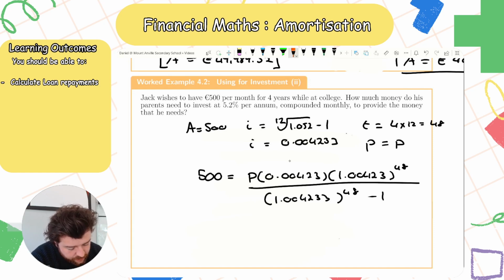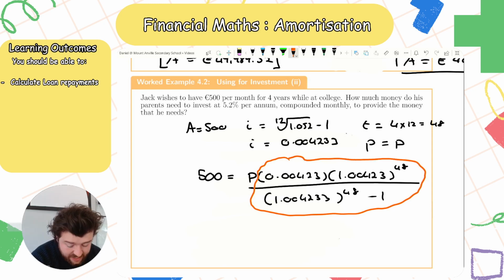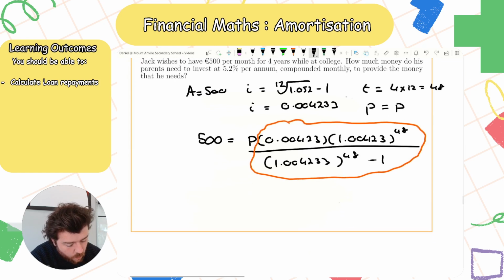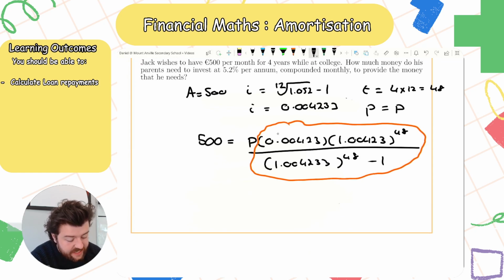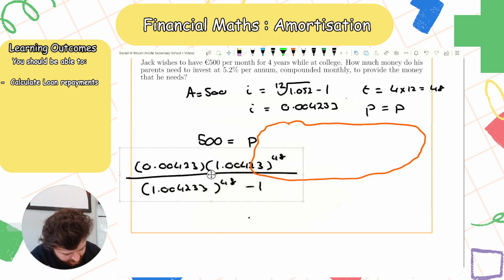So what I'm going to do is 500 divided by all of this, and put that into my calculator.